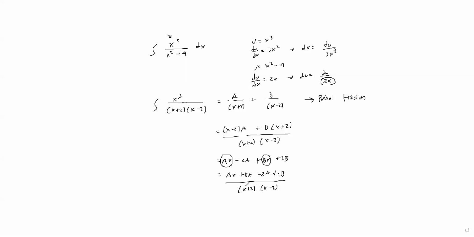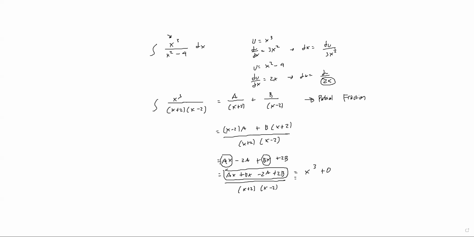Everything in here must equal the original fraction, which is x cubed over x plus 2, x minus 2. So the upper part here, the numerator, must equal x cubed. So x cubed plus 0. Why do I put a plus 0 here? Because we have a constant term on the left side.